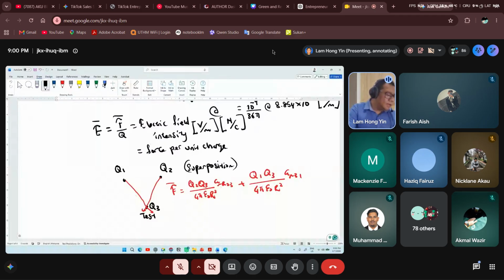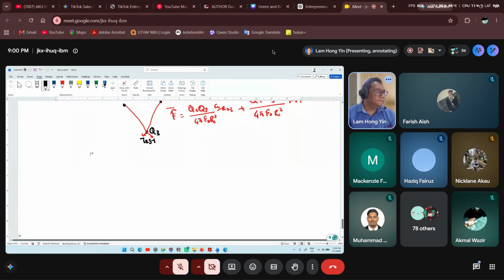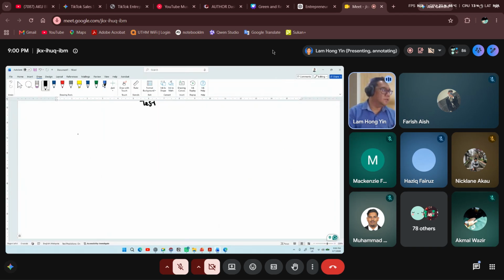Okay, then what else do we need to know? Continuous charge. Just now I introduced the point charge.